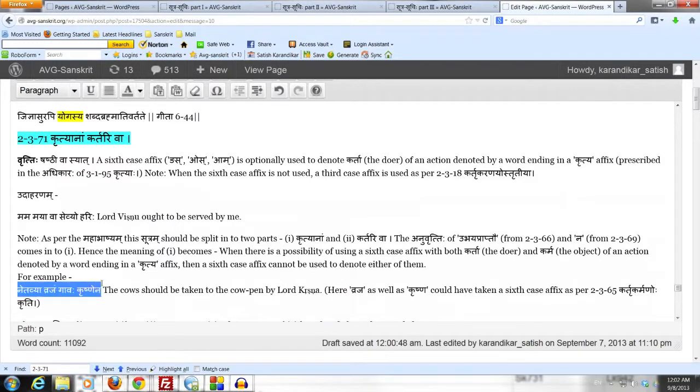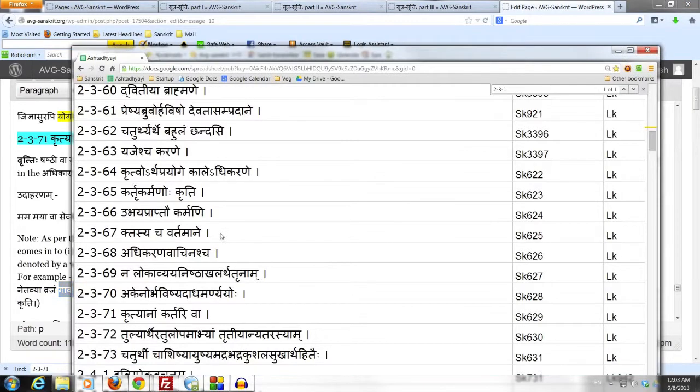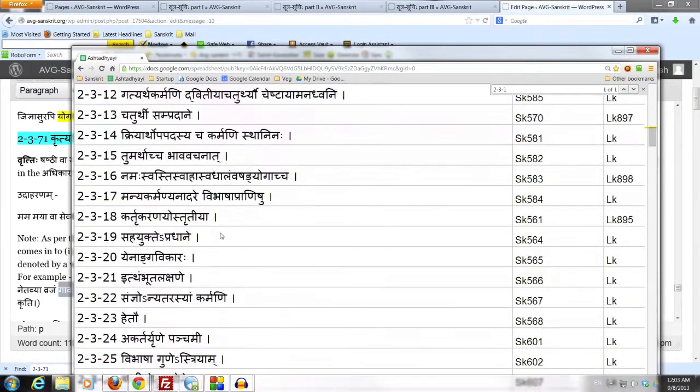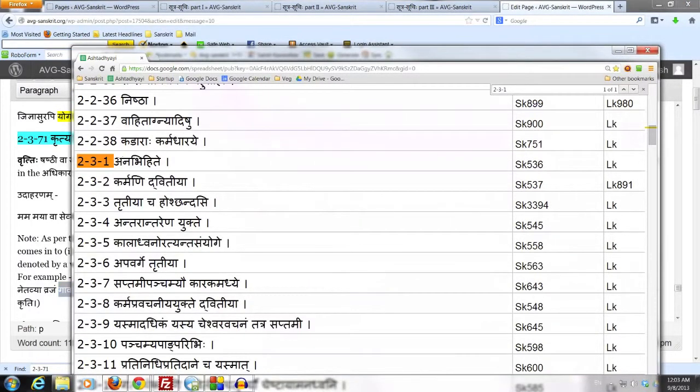Now the primary object, gavaha, is abhitam. It is already expressed by the kritya pratyaya. So netavyaha is already expressing the object gavaha. So there's no question of using a sixth case affix with the pratipadikam go, because as per the anabhite adhikara running from 2.3.1 on down, we cannot use 2.3.65 to denote an object which is abhitam.